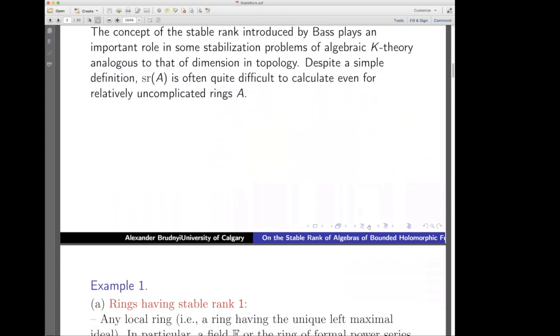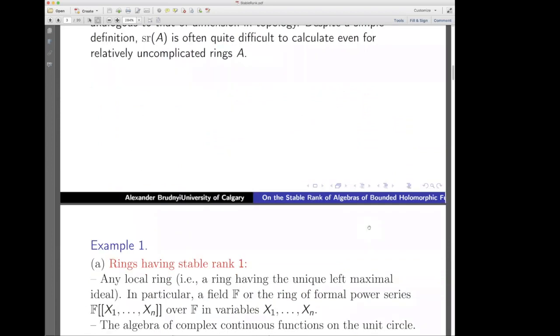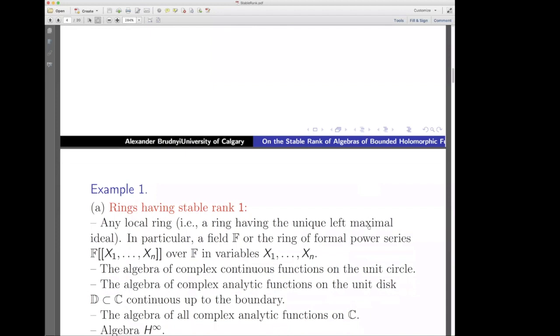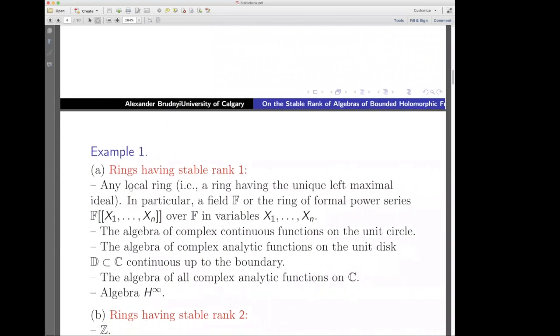So first, let us consider the smallest possible rank, rings having stable rank 1. The first one: if you take just the ring of formal power series in n variables over a field, then it will be a local ring, and so it has stable rank 1. Next, the algebra of complex continuous functions on the unit circle has stable rank 1.